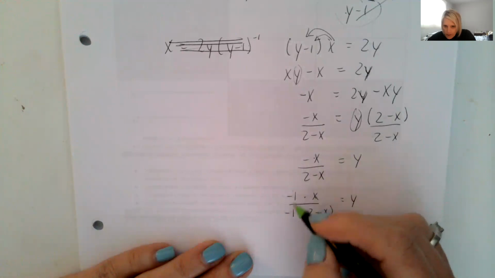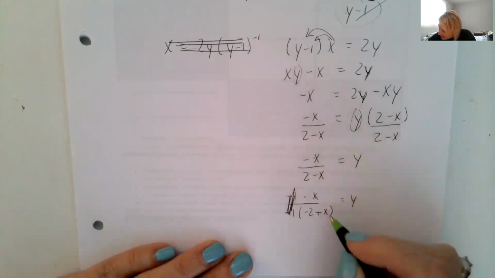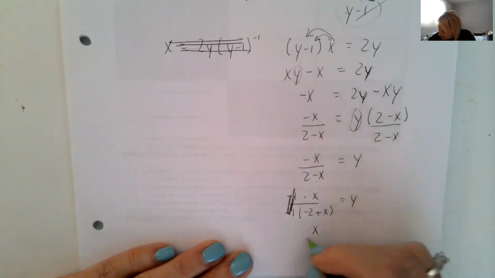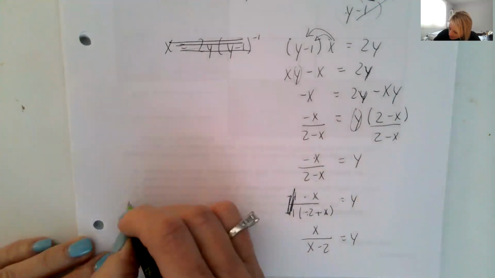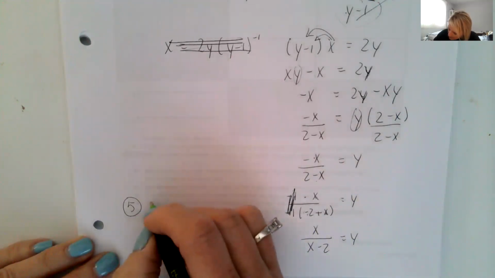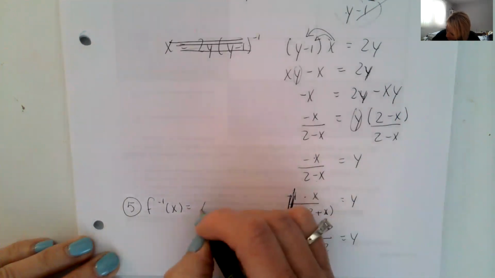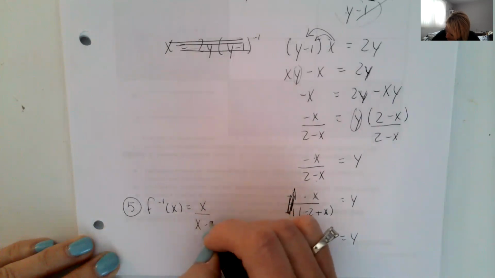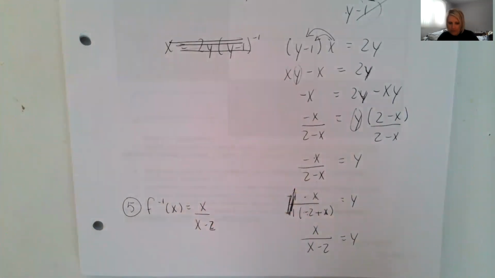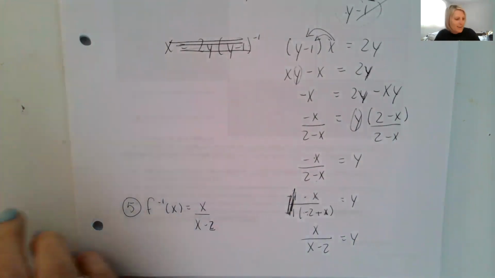Then our negative 1 over negative 1 cancels. So we have a positive x in the numerator, and then these can just be flipped. So it can just be x over x minus 2 equals y. And so our step 5 is the inverse function of 2x over x minus 1 is x over x minus 2. That was the trickiest of the tricky there.